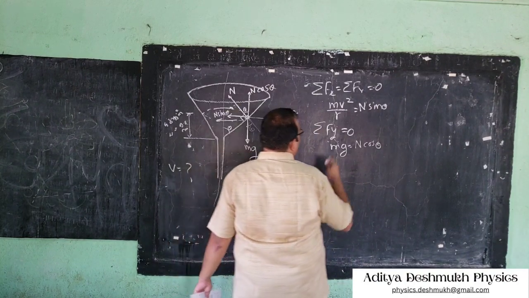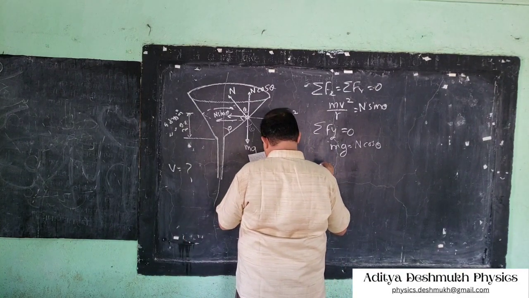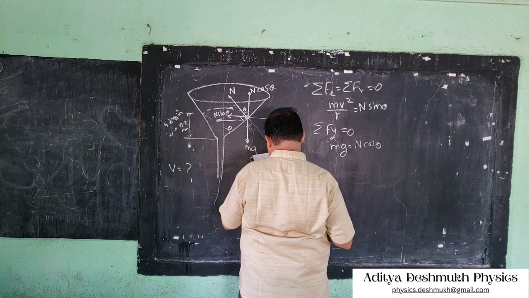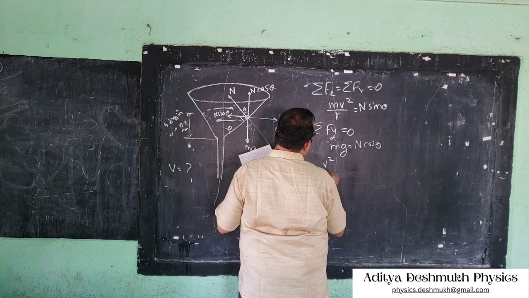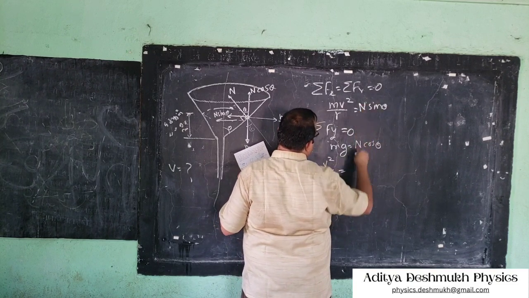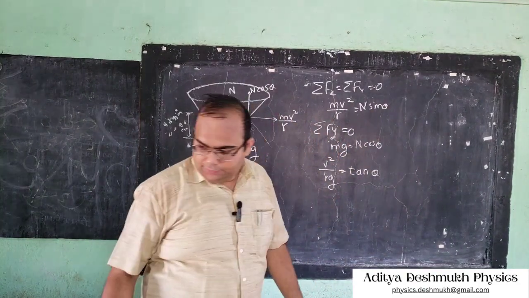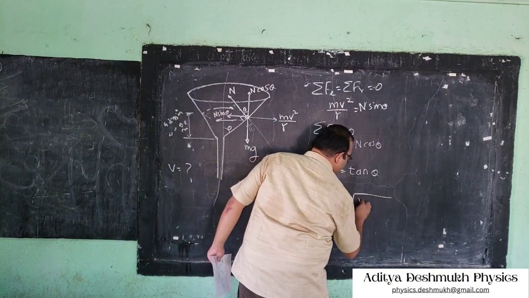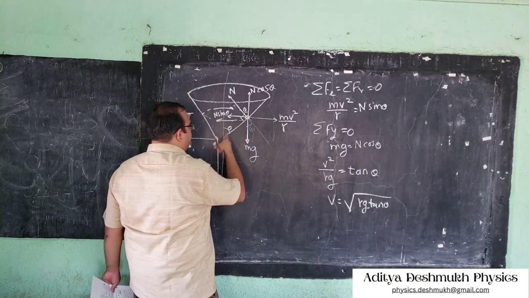If I divide equation 1 and 2, I will get v square upon rg equal to sin theta upon cos theta, and N will get cancelled. Sin theta upon cos theta equal to tan theta. So my v will be root of rg tan theta. I can find tan theta using the triangle.